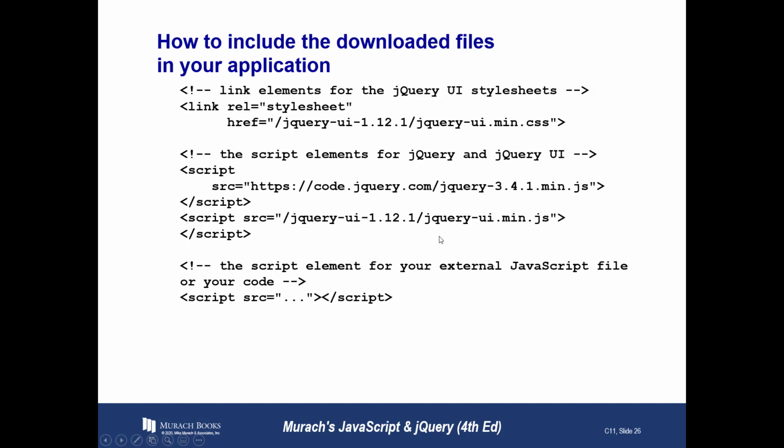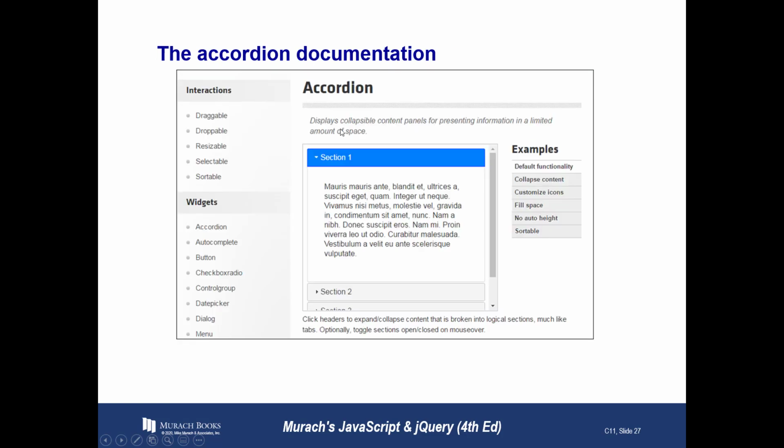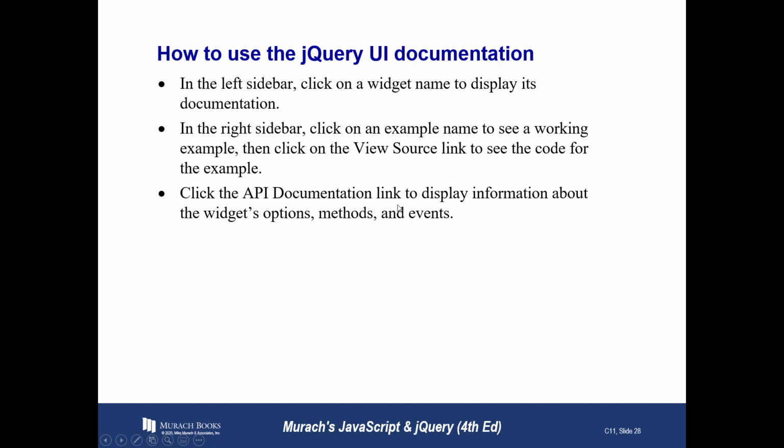The order in this stuff can matter. As we talked about before, have jQuery first, and make sure that your stuff is last. And check the documentation because it'll tell you if you have to put things in a certain order. I already showed you the accordion, and I already showed you how to use this.